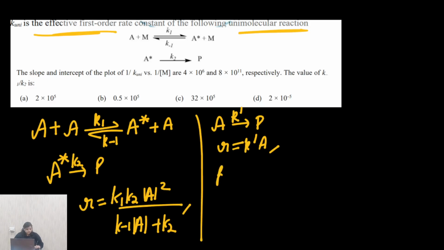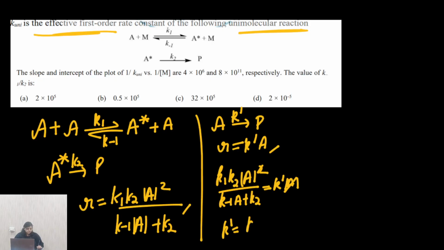So K1 K2 into A square upon K inverse of A plus K2 is equal to K dash times A. From here, K dash is K1 K2 times A upon K inverse of A plus K2.